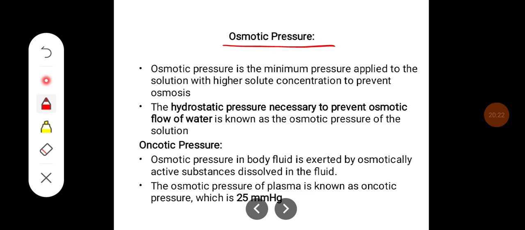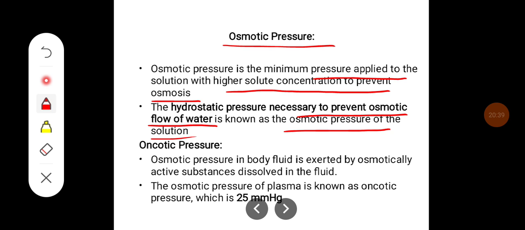Osmotic pressure. The osmotic pressure is the minimum pressure applied to the solution with higher solid concentration to prevent osmosis. The hydrostatic pressure necessary to prevent osmosis, the flow of water, is known as the osmotic pressure of the solution. Oncotic pressure is the osmotic pressure in the body fluid exerted by osmotically active substances dissolved in the fluid.